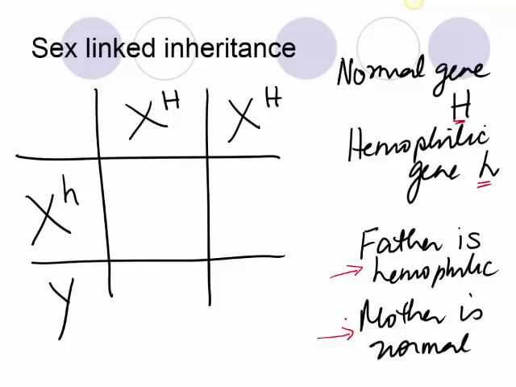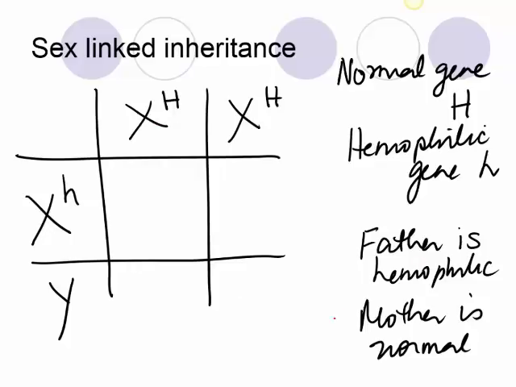So remember when we did just sex determination, if I draw a square quickly, the mother's alleles will be X and X and the father will be X and Y. Here, the gene for hemophilia or even the normal gene is only carried on the X chromosome. The Y chromosome doesn't have anything for hemophilia or normal attached to it.